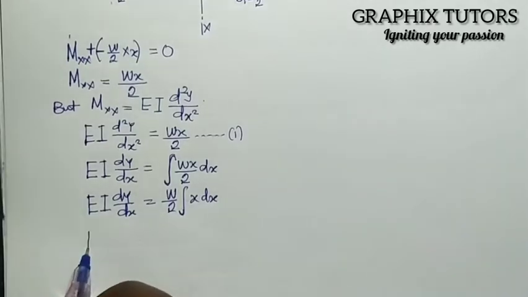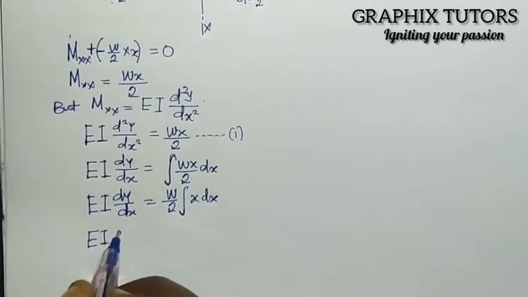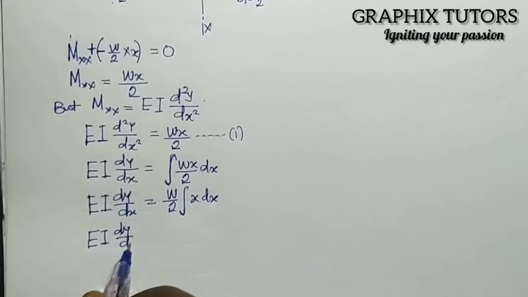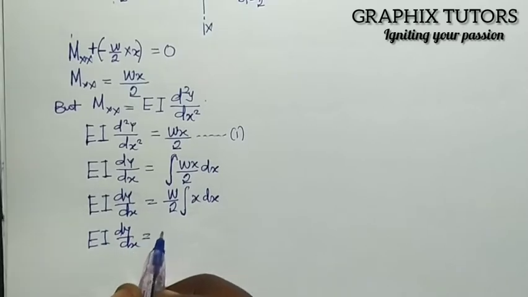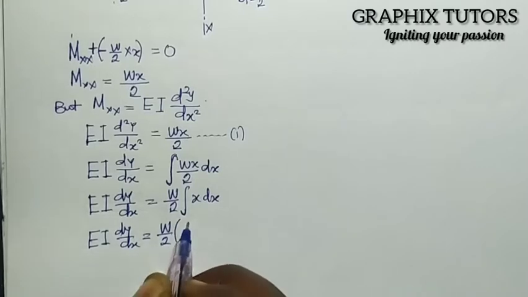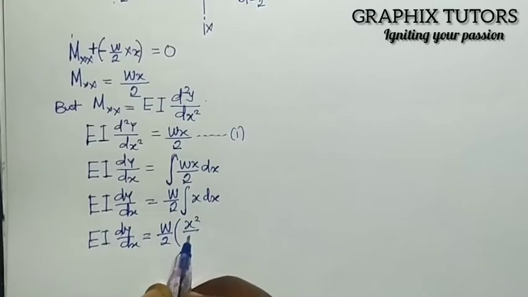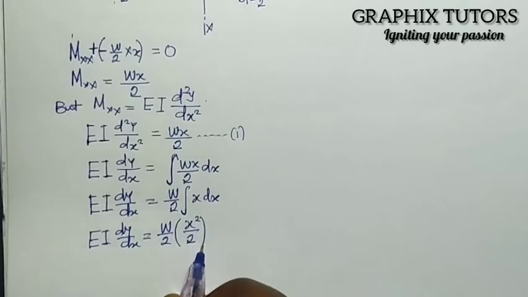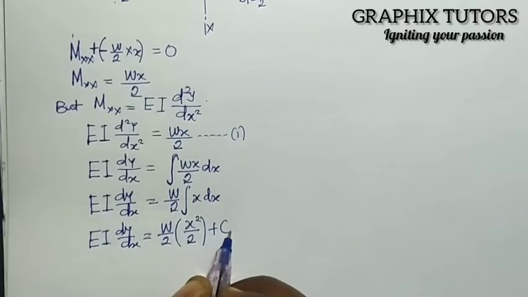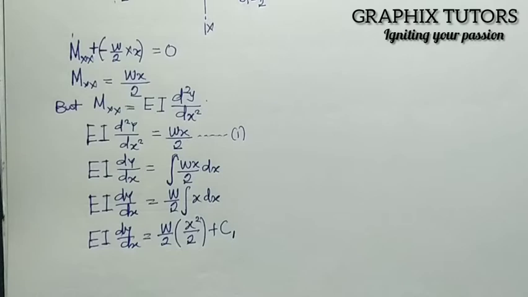So EI dy over dx will give me W over 2 times x squared over 2, plus C1.